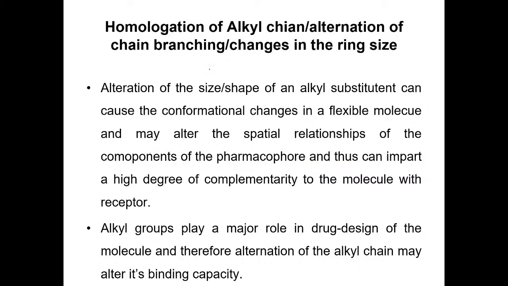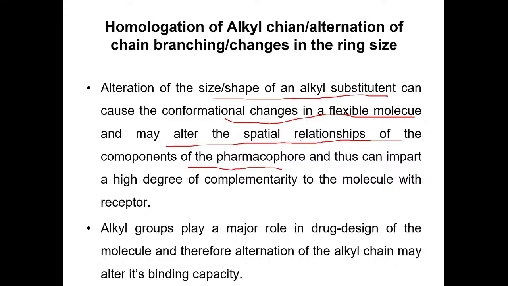So the next thing is alteration of chain branching. Alteration of the size and shape of an alkyl substituent can cause conformational changes in a flexible molecule, and this may alter the spatial relationship of the components. That is, it can alter the stereochemistry. You know that if you have two isomers, it is not necessary that they will have the same pharmacological activity.